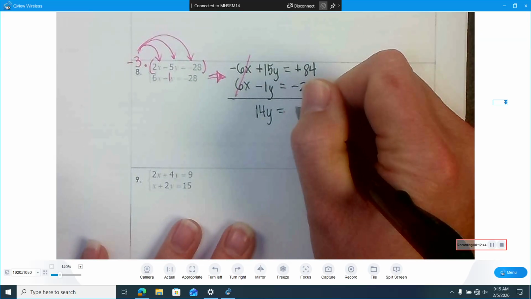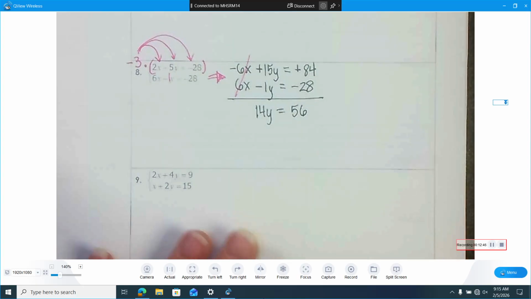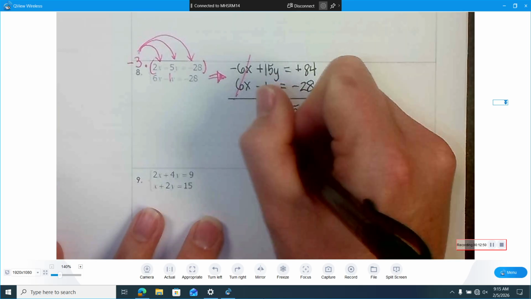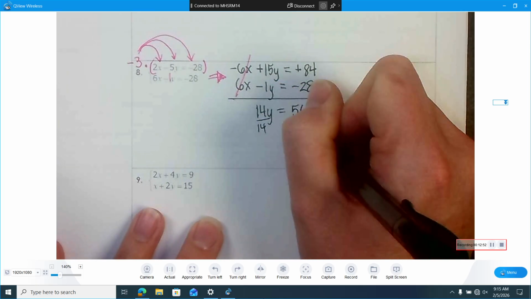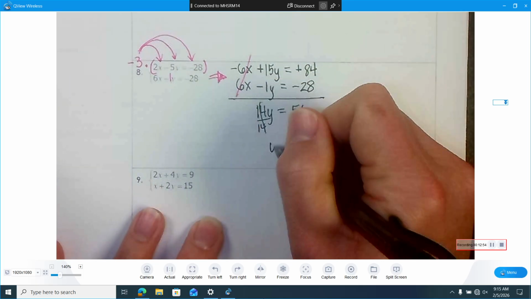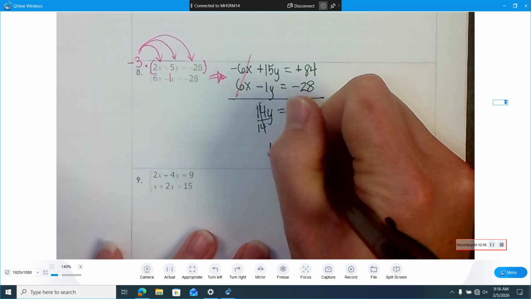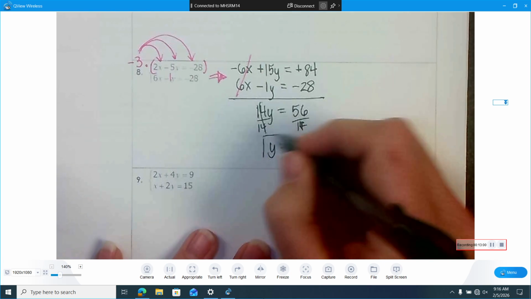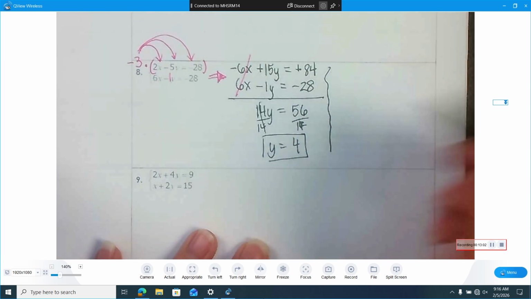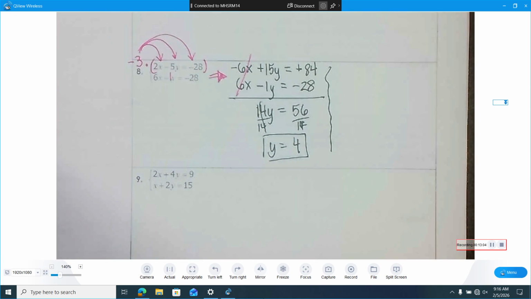All right, and it is positive. And then we can divide by 14. So we get y equals 4. All right. Not having calculators is a really good test of our math calculation.